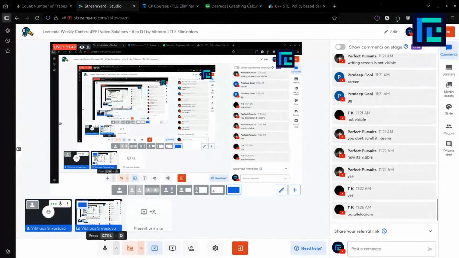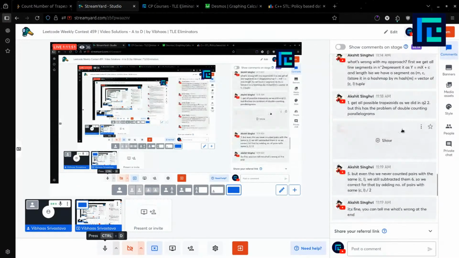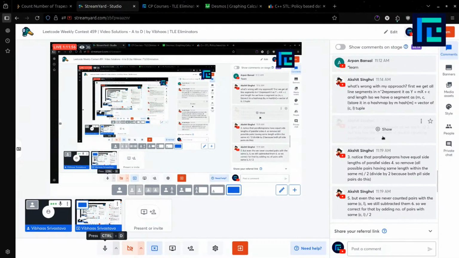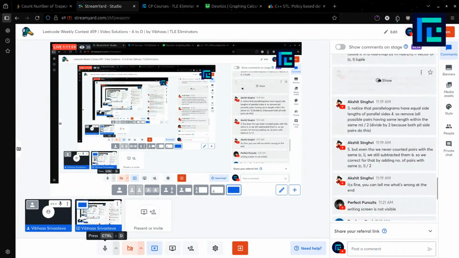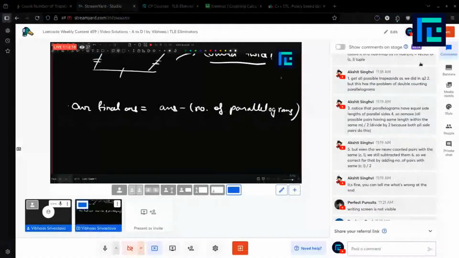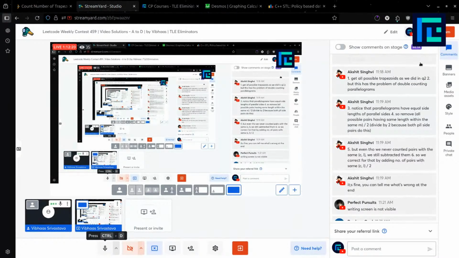So this much is understandable. I think the person who was asking a question, Akshit, you also did something like this. Get all trapezoids as we did in question 2, which double counts parallelograms. So I think there's an issue on your part which says that note that all parallelograms have equal side lengths of parallel sides. What do you mean by that? Because the parallel sides are equal, but the non-parallel sides won't be equal.